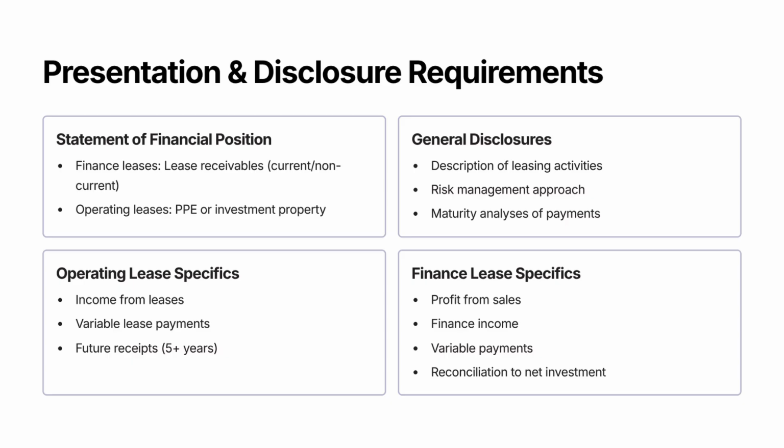For operating leases, lessors must also disclose income from leases, variable lease payments, and future lease receipts for at least 5 years. Finance lease disclosures include profit from sales, finance income, variable payments, and a reconciliation of undiscounted payments to the net investment in the lease.